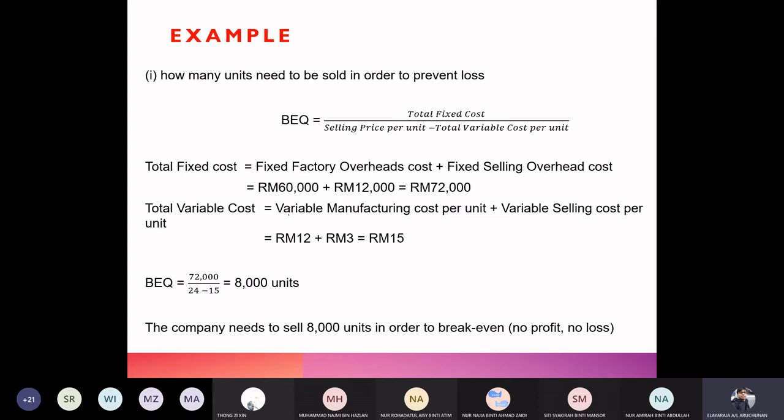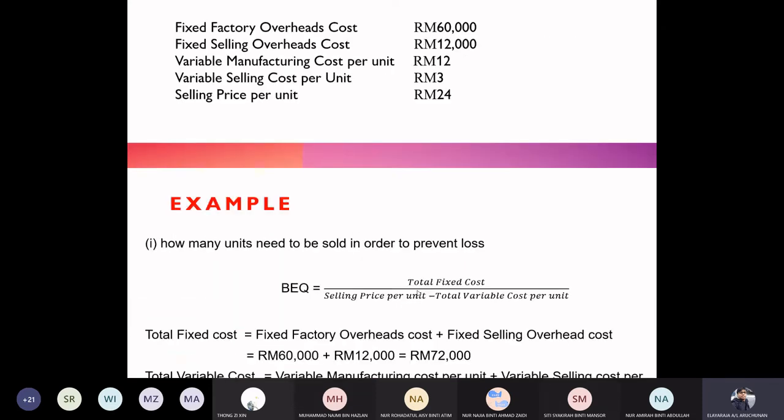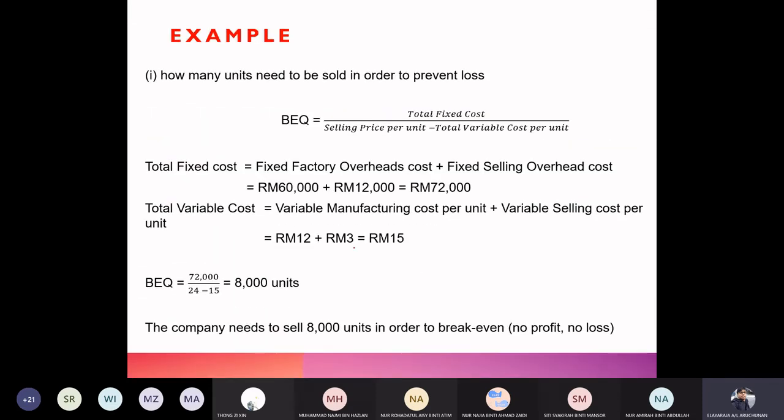The total variable cost is the variable manufacturing cost per unit plus the variable selling cost per unit, which is 12 plus 3. You add these together, and we get 15.